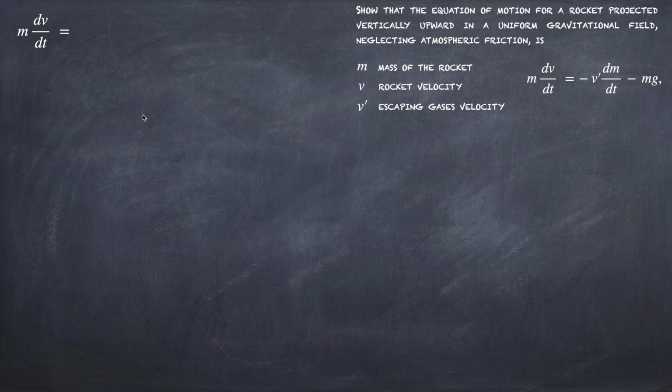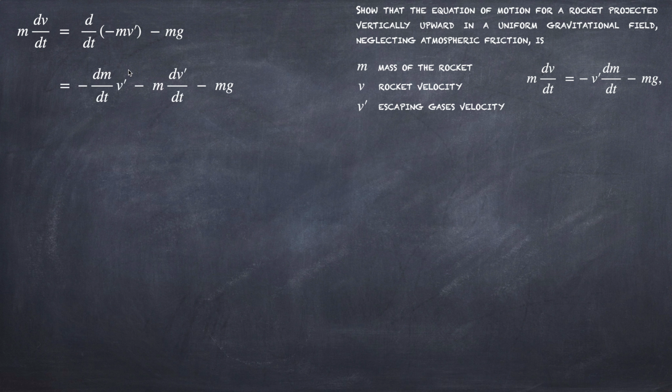Well, we see that m dv/dt is the resulting force on the rocket, and it is equal to the time rate of the momentum given from the expelled gases. The negative sign shows that the force on the rocket is opposite to the direction of the momentum of the gases relative to the rocket, subtracted by the gravity force, mg.